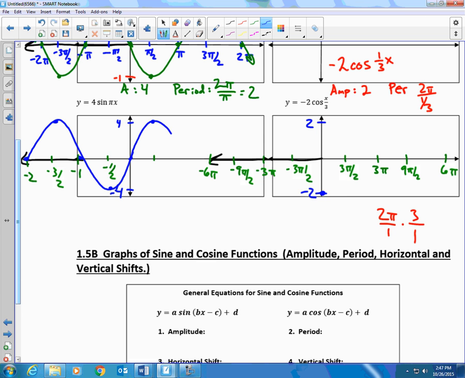Where do I go from there? Up and up. Then across the middle, back down. And if we back up, we have the same thing going on. We have a nice looking graph.